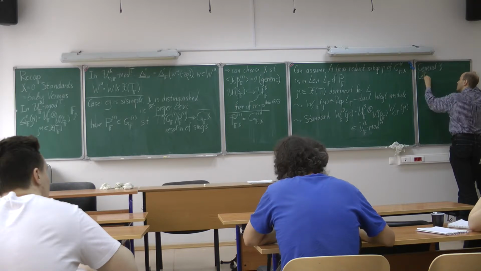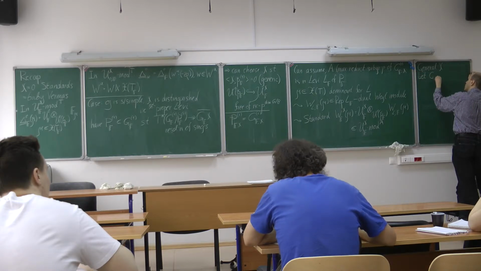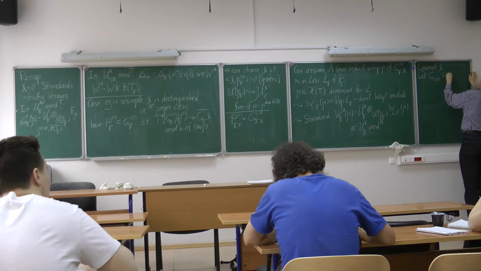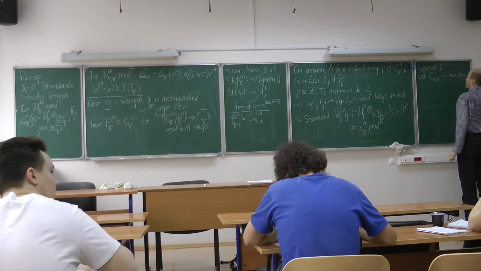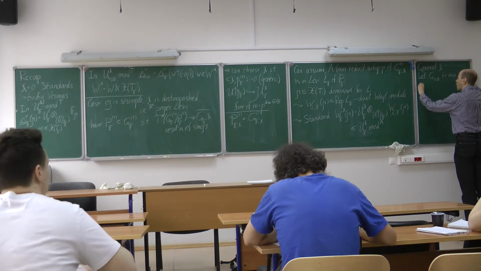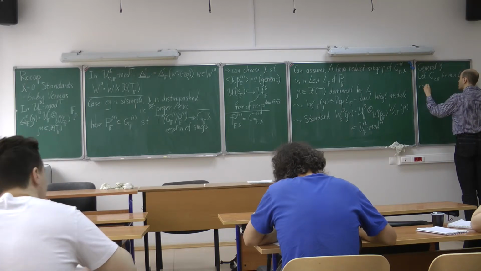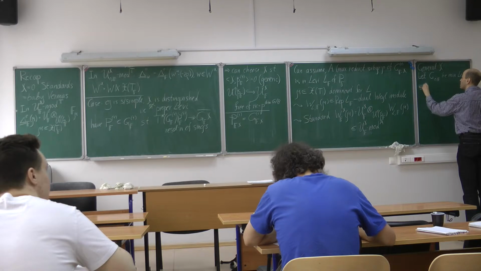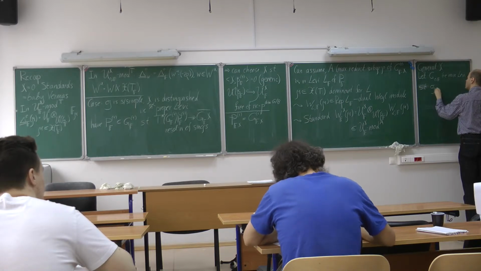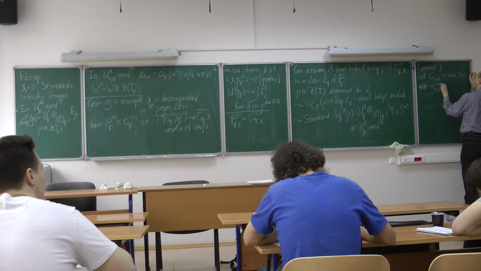So let G0_F be a minimal Levi such that g0_F star contains this element chi.